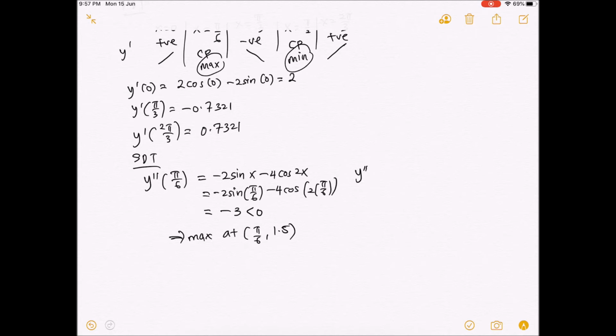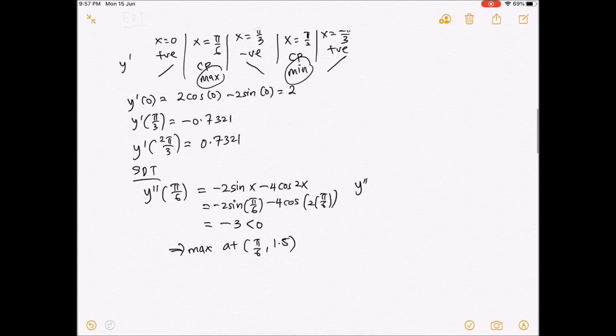And then for y double prime at pi over 2, negative 2 sine pi over 2 minus 4 cos of pi, I have here equals 2, which is greater than 0.